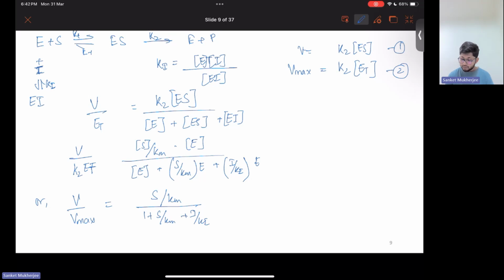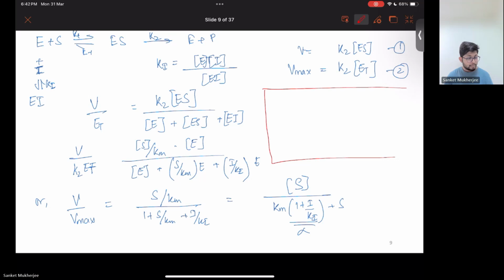I have taken out E from all the parts. So it is actually substrate concentration S by Km over 1 plus I by Ki plus S by Km. If we treat this as alpha, we can write the final equation as V by Vmax is equal to S by alpha Km plus S. Fine. This is the inhibition constant.